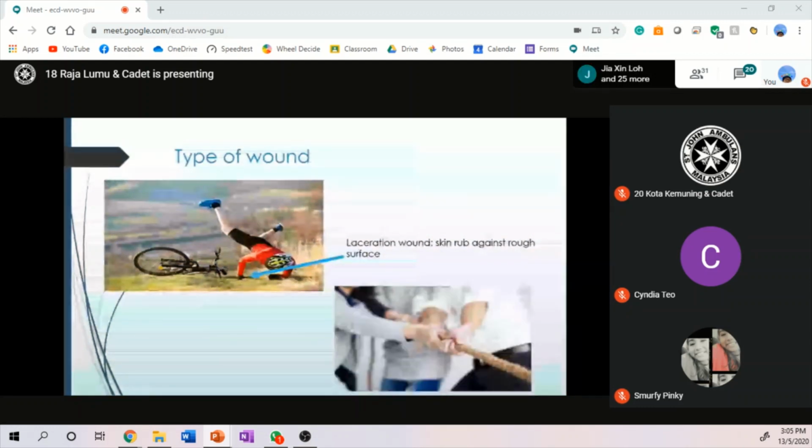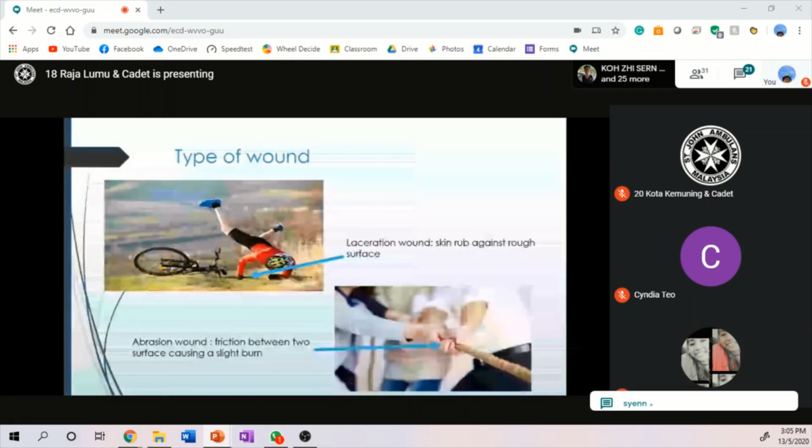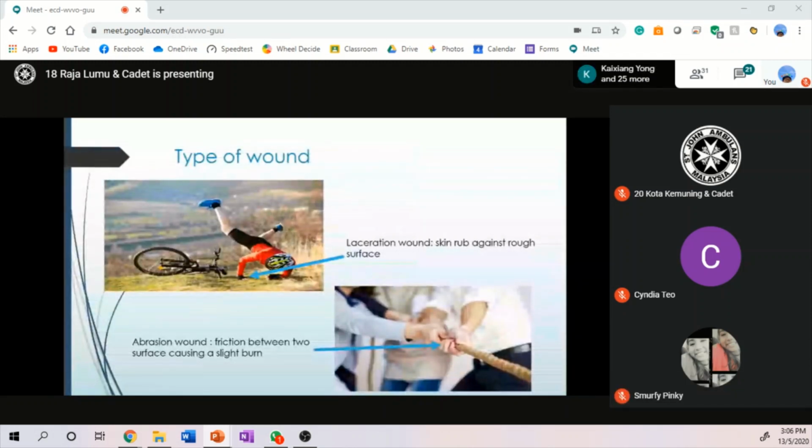And this is when you play the rope in the field. For example, your hand with friction between two surfaces causes a slight burn. Like this. If you have tried this before, you feel the pain.